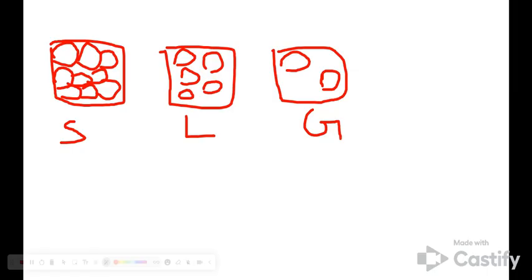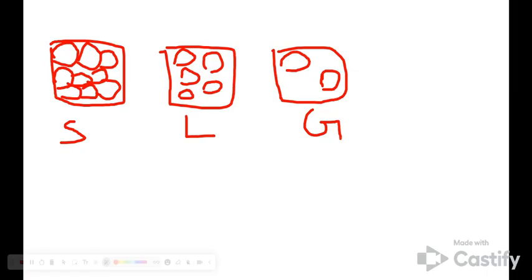Gas particles move fast in all directions, and gases have mass. All matter has mass, including gases. The particles are spread far apart, with large spaces between them.